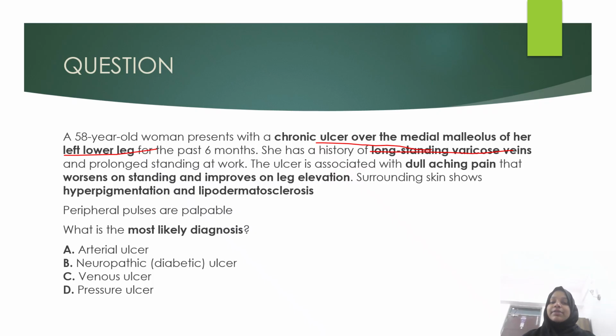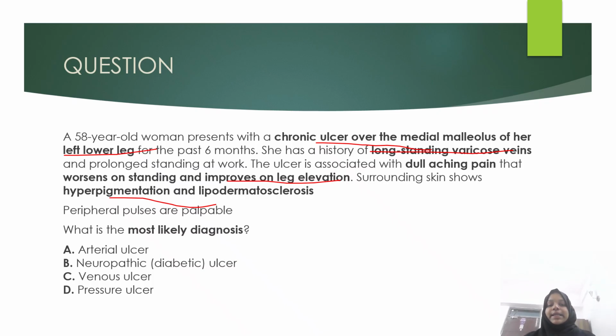Why improves on leg elevation? Because the venous drainage is better when the leg is elevated. Surrounding skin shows hyperpigmentation and lipodermatosclerosis. These are changes associated with varicose vein itself. Peripheral pulses are palpable, so it's unlikely to be diabetic in nature because there can be diabetic neuropathy, arteriopathy, and it can lead to PVD, peripheral vascular disease, and the pulses can be feeble.